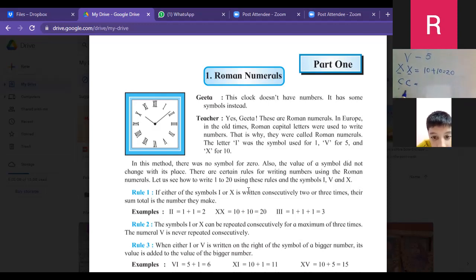C means what? That you have to remember. C means 100. How many C are there? 2. So 100 plus 100 is 200. Just copy these few examples, then we will learn how to write other Roman numbers. Okay, just copy. These are the examples.